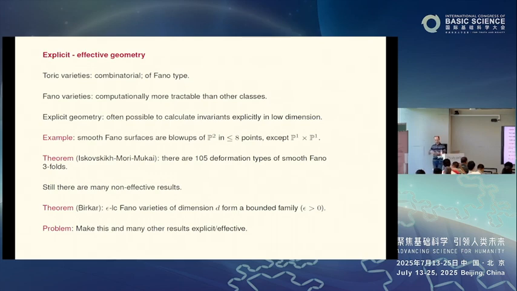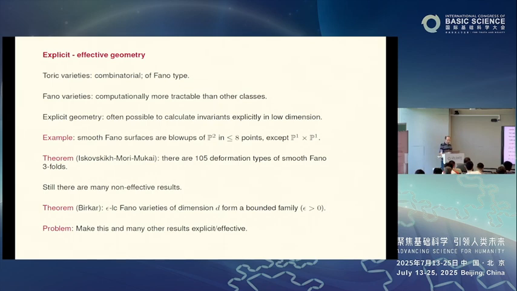But when you go to the singular ones, then we know many things, but still a lot of things are missing. So even in the three-dimensional case, there is still a huge number of things to do to make things more explicit and effective. In fact, we have many abstract statements in dimension 3 and every dimension, but they are very far from being effective.